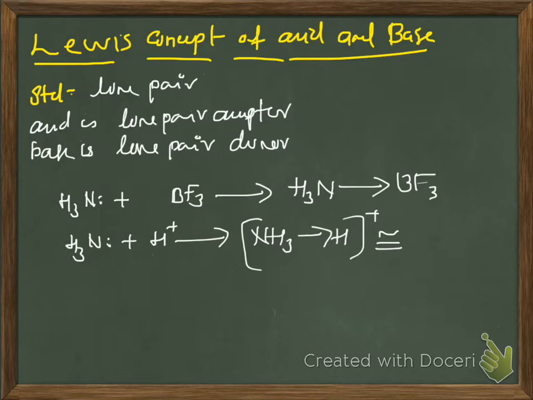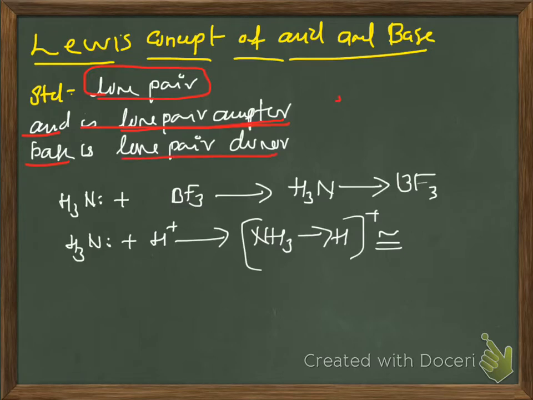Here also we have only one standard, that is lone pair, for explaining both acid and base. What is an acid? Acid is a substance which can accept a lone pair, that is a lone pair acceptor, and base is a substance capable of donating a lone pair.